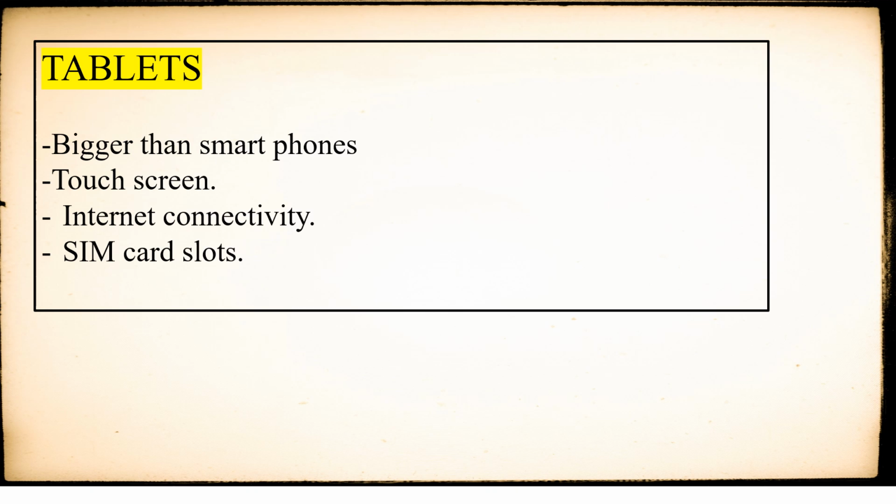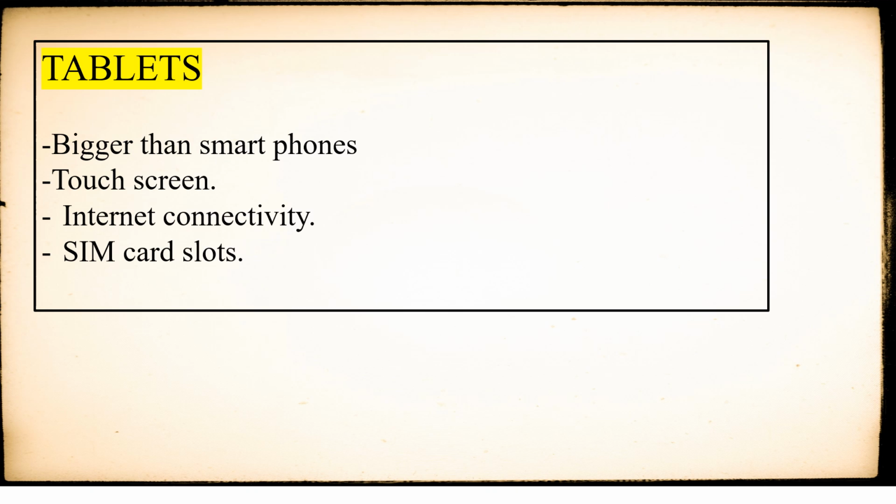Tablets. You can get questions based on the advantages and disadvantages of tablets, or advantages and disadvantages of phones, etc. Now, the major advantage of a tablet is that it has a touch screen. Again, a touch screen acts as both input and output. It is bigger than smartphones and has connectivity to the internet.